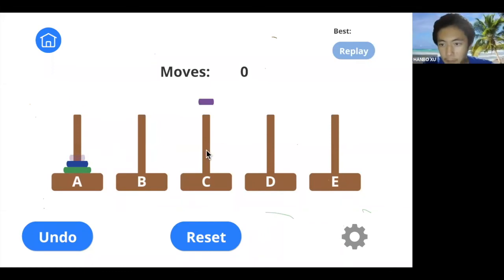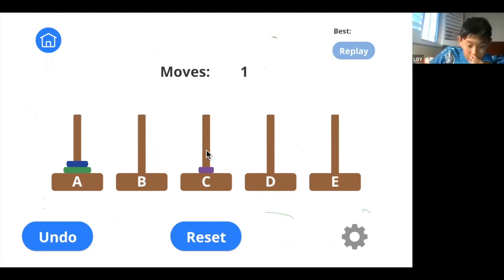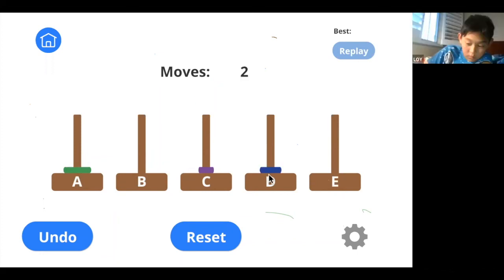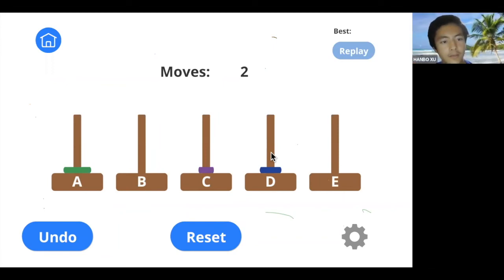Okay. He said purple onto C. Yeah. Blue ring to D. Green ring to A. I mean, yeah, green ring to E. Uh-huh. 2 more steps.